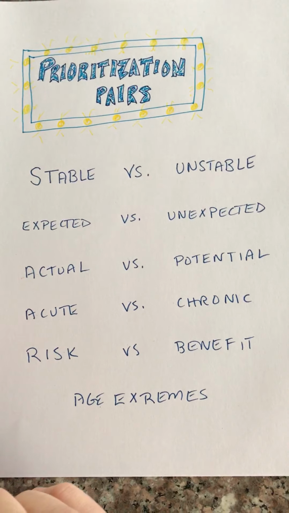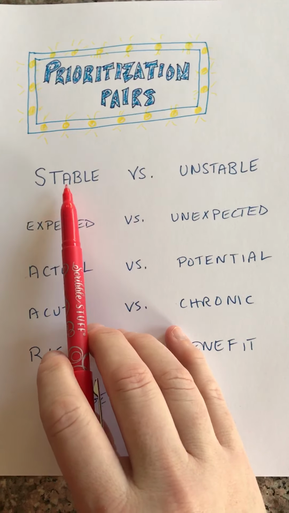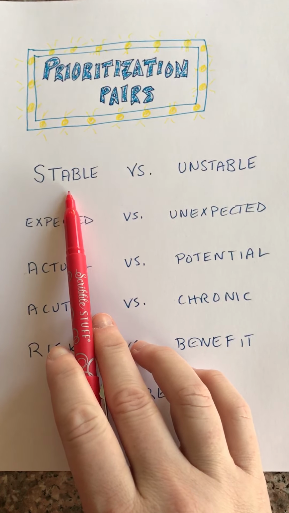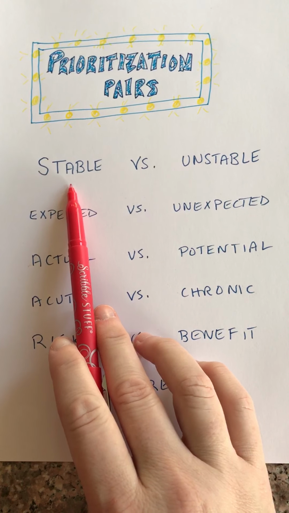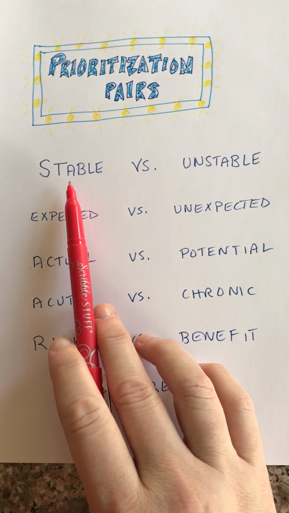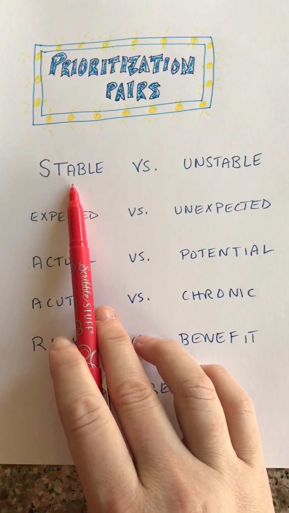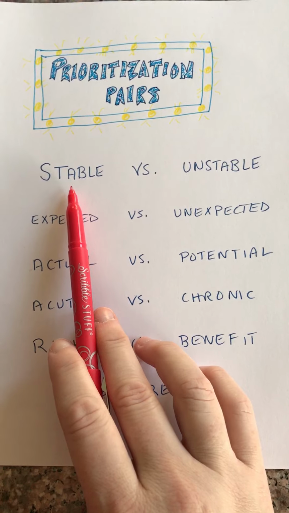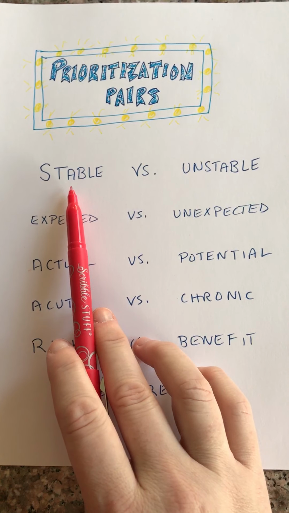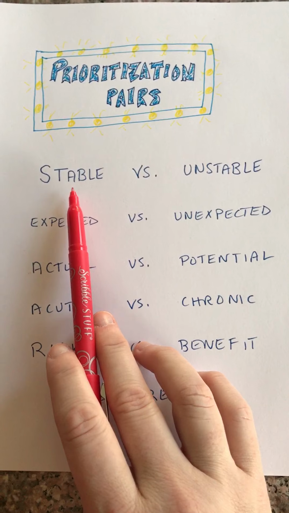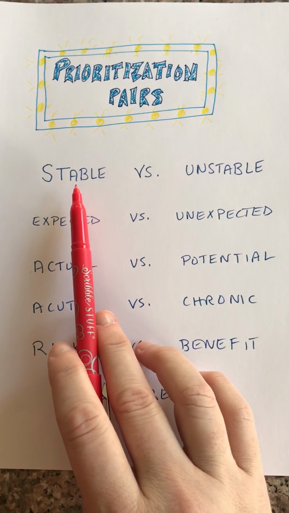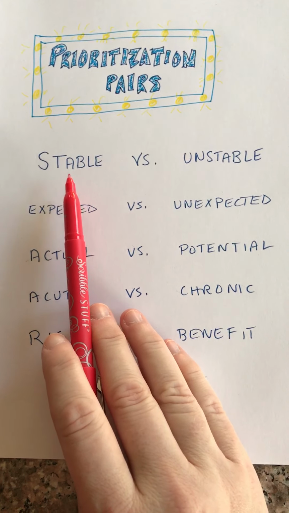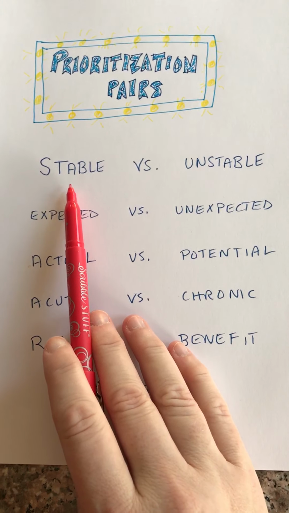We want you to think about, first off, is the patient stable or unstable? If they're stable, is that going to be your highest priority patient? No. If they're physiologically stable, if their vital signs are stable, or we also use the term hemodynamically stable, so their blood pressure, heart rate, respiratory rate, oxygen saturation, all that good stuff is within their normal range, then they're okay for right now.